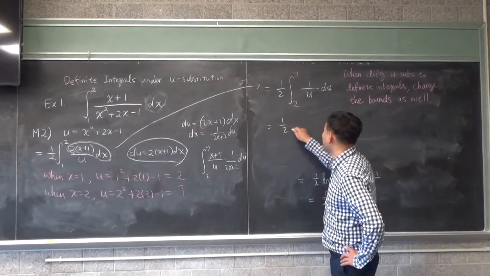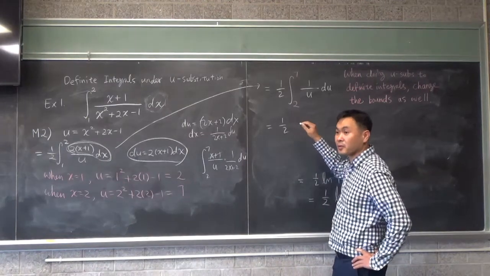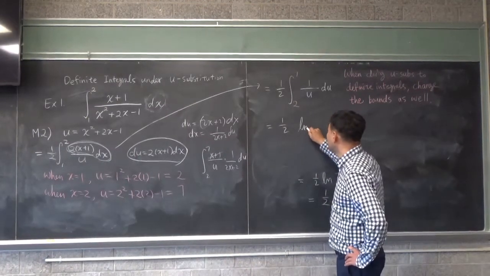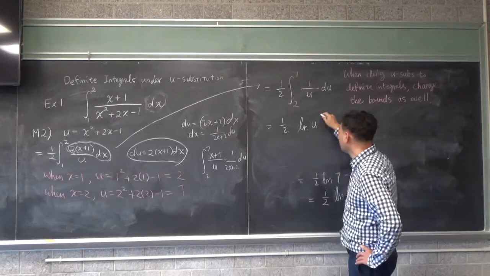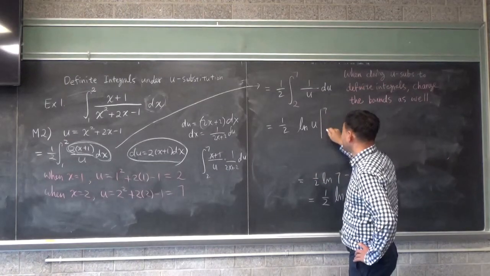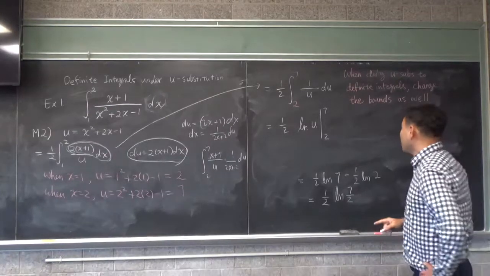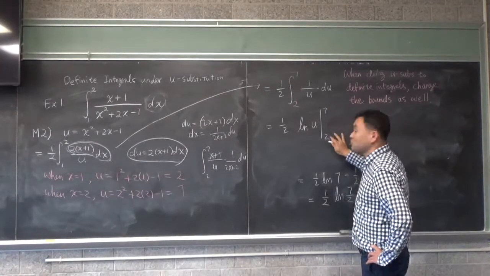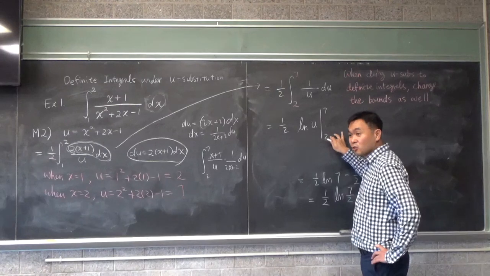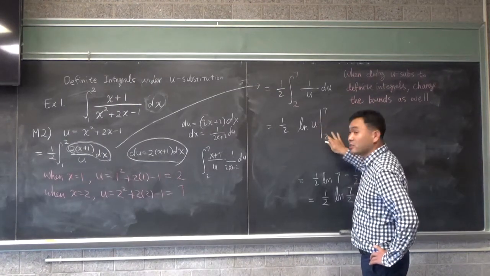All right, so where are we at now? What's the antiderivative of 1 over u? ln of u. And then you plug in 7 and 2. Now the beauty of this is that 7 and 2 are values of u, so they go in here.